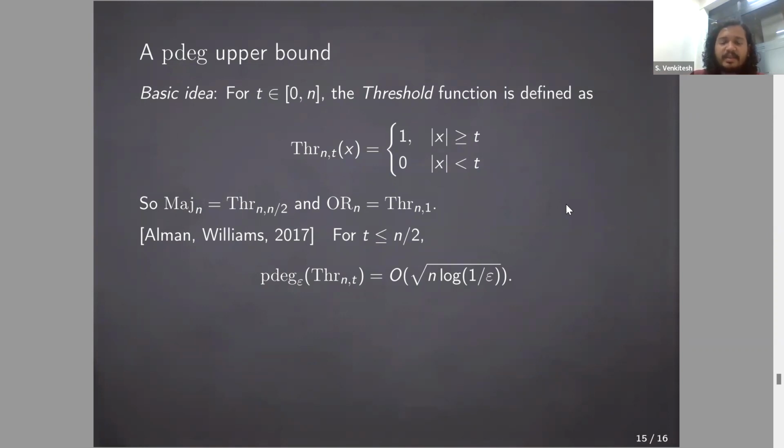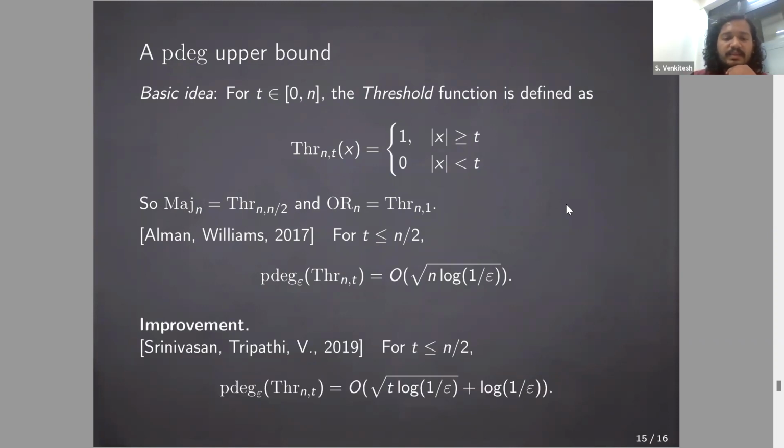You can make sure that this bound works for every symmetric function. But the very basic statement that lies at the heart of the proof is this: for a threshold function with parameter t, the probabilistic degree is at most square root n log 1 over epsilon.